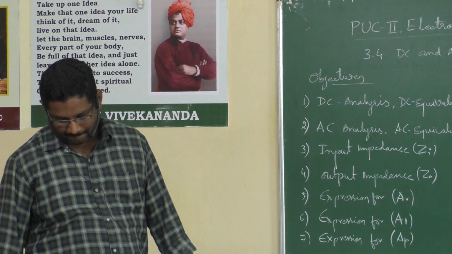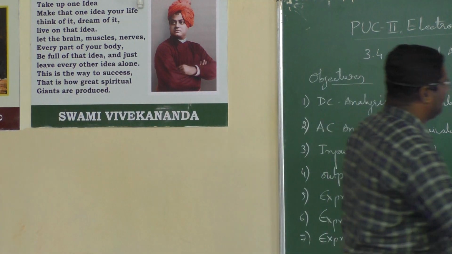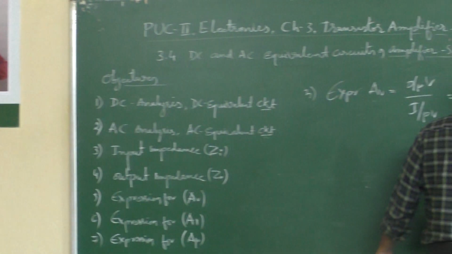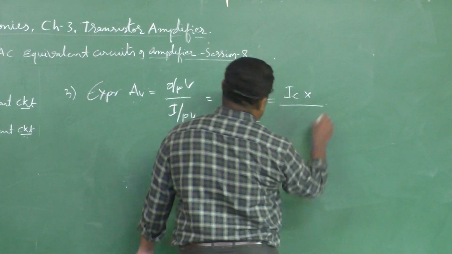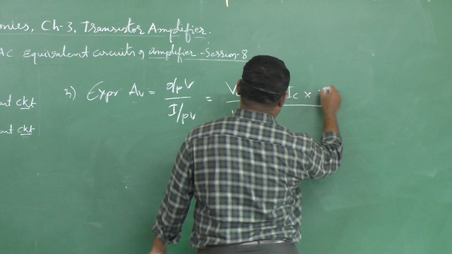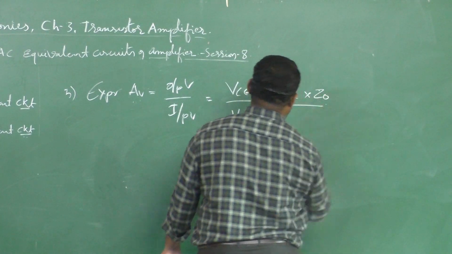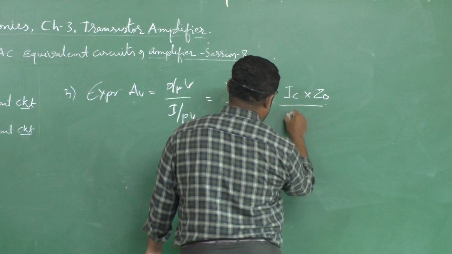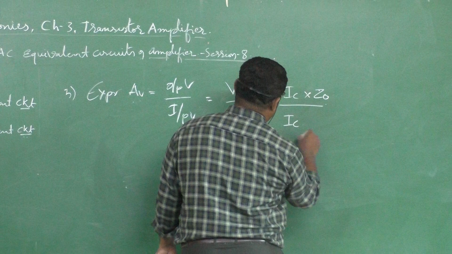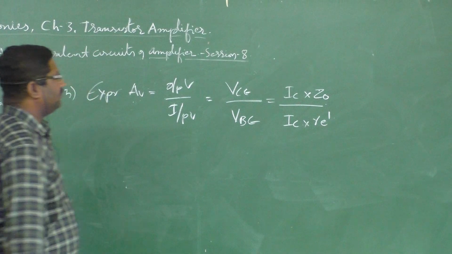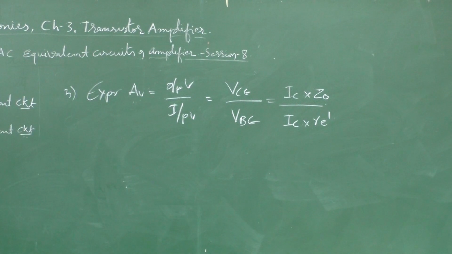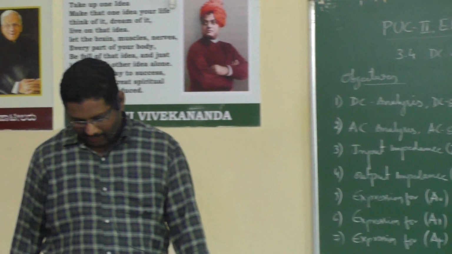And so this also we can write: IC into Z out, output impedance, then IC divided by IC multiplied by RE dash.